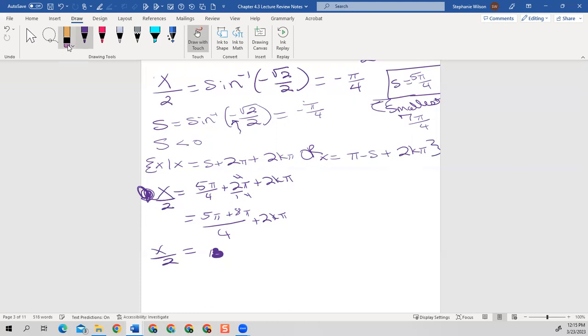My apologies, guys. The computer decides, there it goes, maybe. So it's 13 pi over 4.